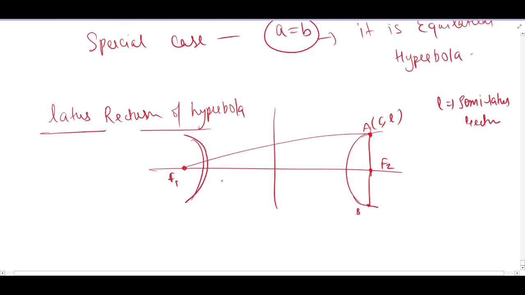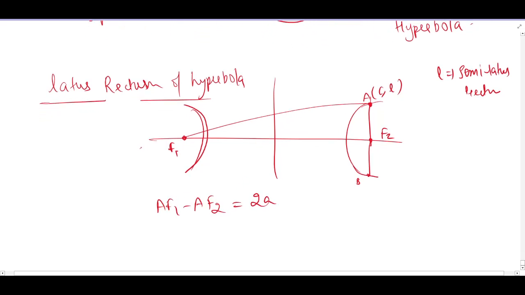So from definition of hyperbola, AF1 minus AF2 is equal to 2A. So this is minus C comma 0, this is C comma 0.